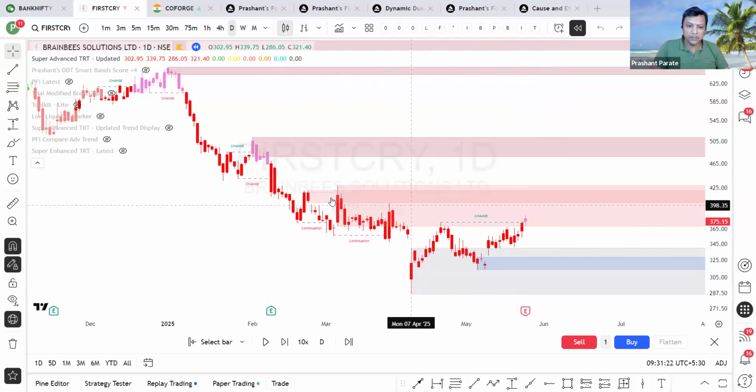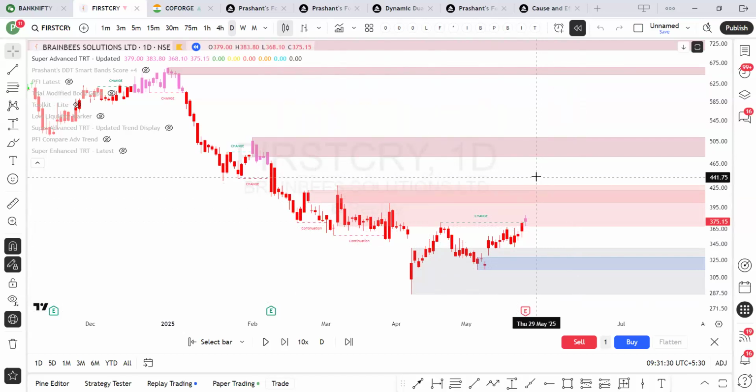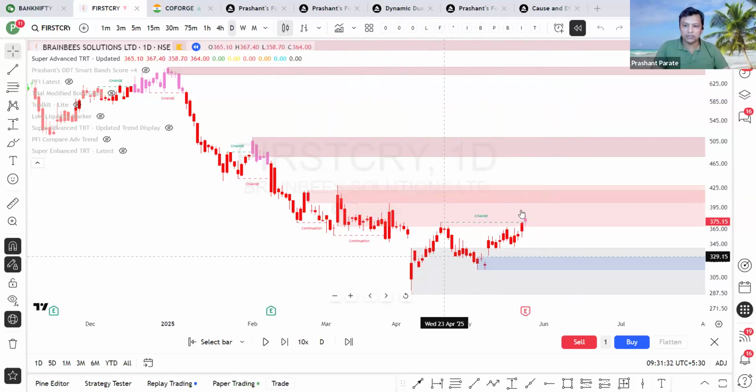But if the previous selling zones are not disappearing, then the color will not change. Means the green color will not come. It is bearish sideways till now.